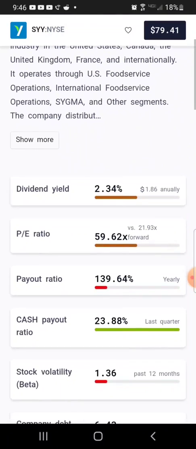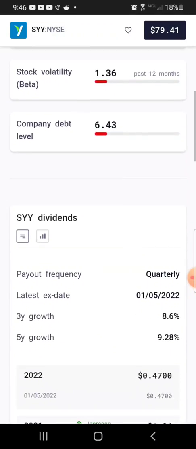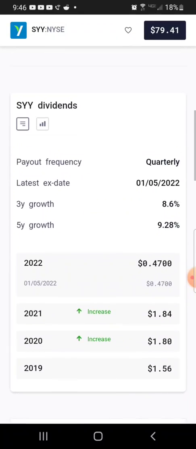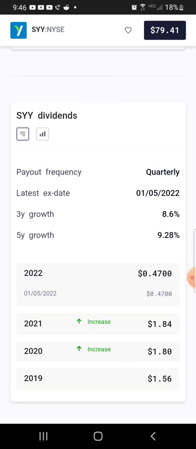You guys can see Cisco has a nice dividend yield of 2.34, gives an annual dividend of $1.86, and it's been steadily increasing its dividends.